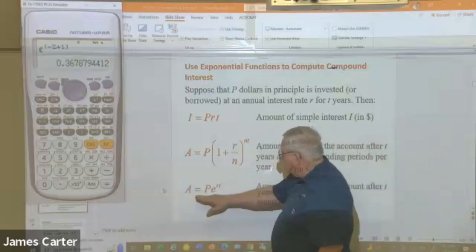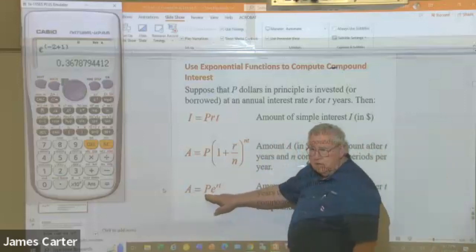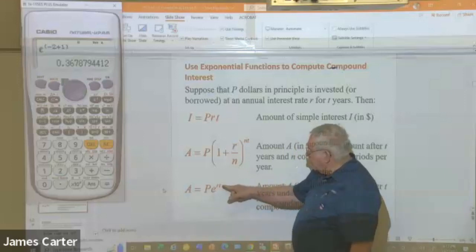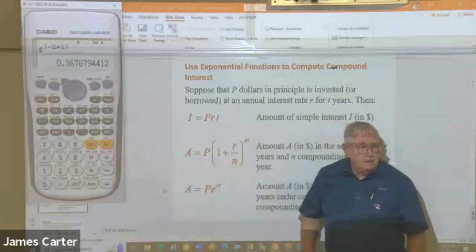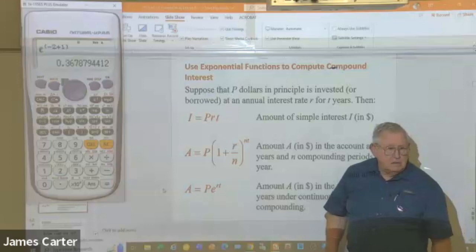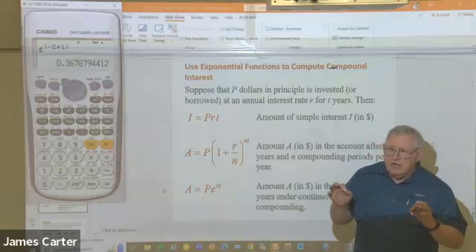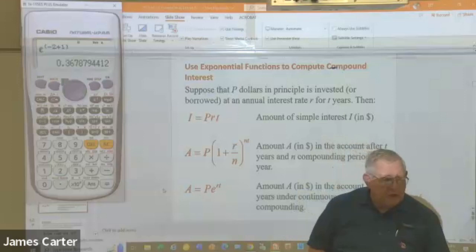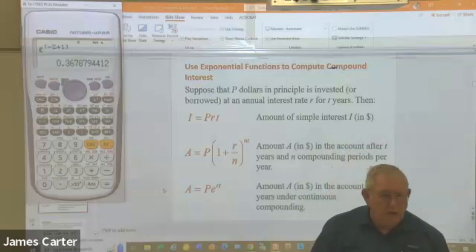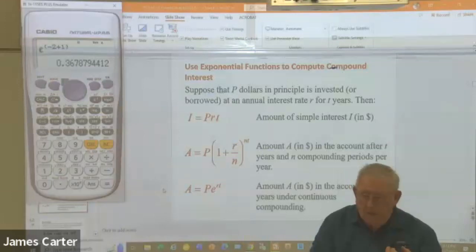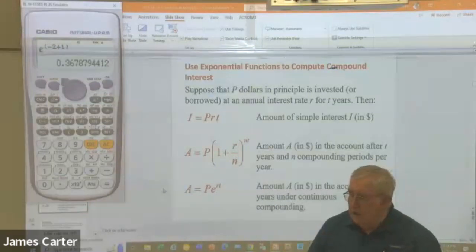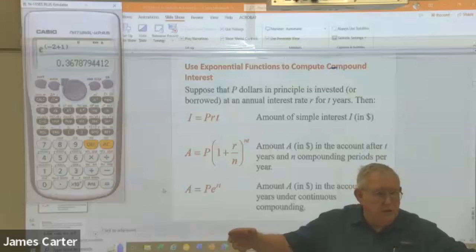The accrued amount is the amount you borrowed times e to the rate times the time. Every year in the 20 years that I've taught for WSU, there has been a problem on the final that said so-and-so had an account, a loan, and the interest was done.